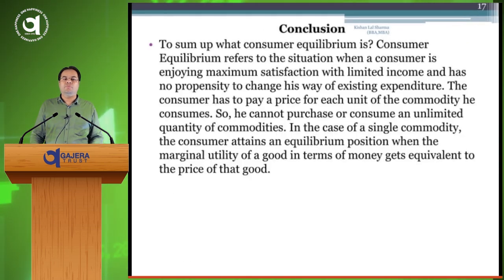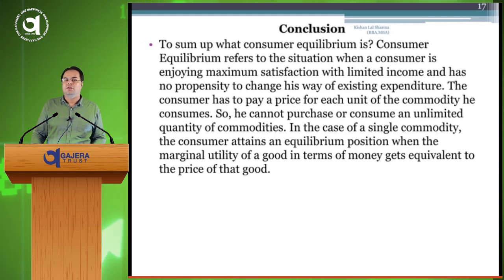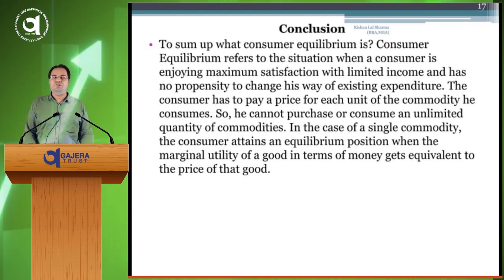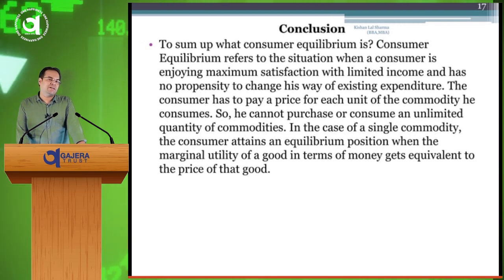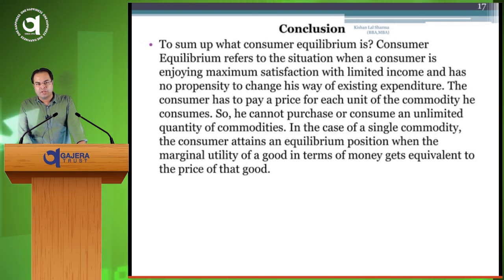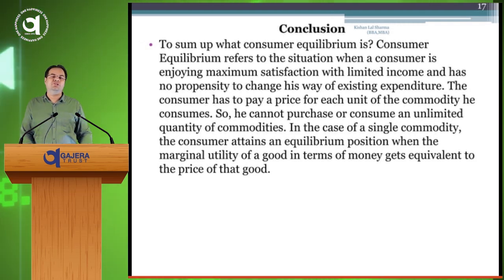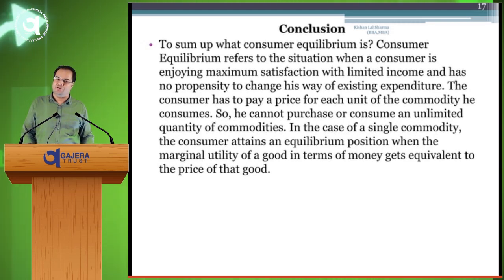Now we will come to the last conclusion, to sum up what consumer equilibrium is. Consumer equilibrium refers to a situation when a consumer is enjoying maximum satisfaction with limited income and has no propensity to change his existing pattern of expenditure, right?